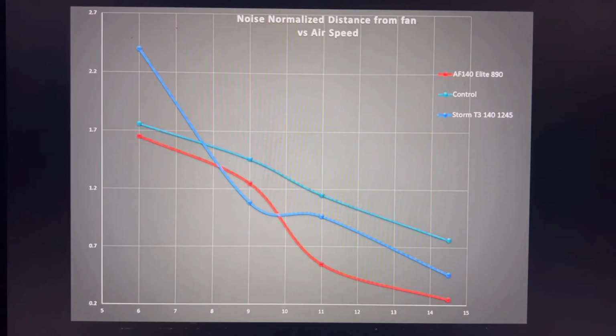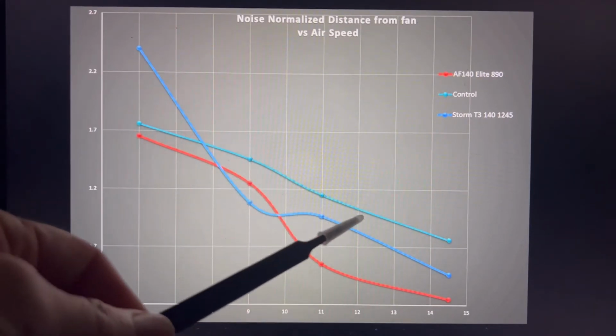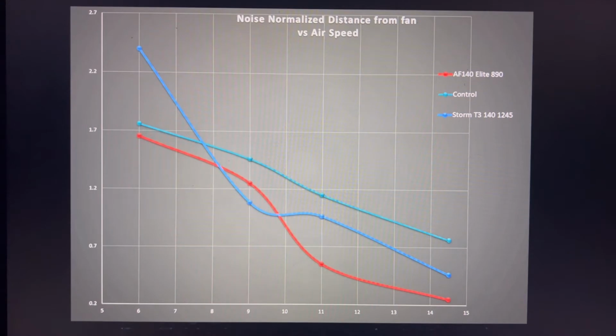So my control fan, represented in this darker green blue line, is based primarily, like 80%, off of the Noctua NF-A12x25 with a little bit mixed in of the Noctua A14.